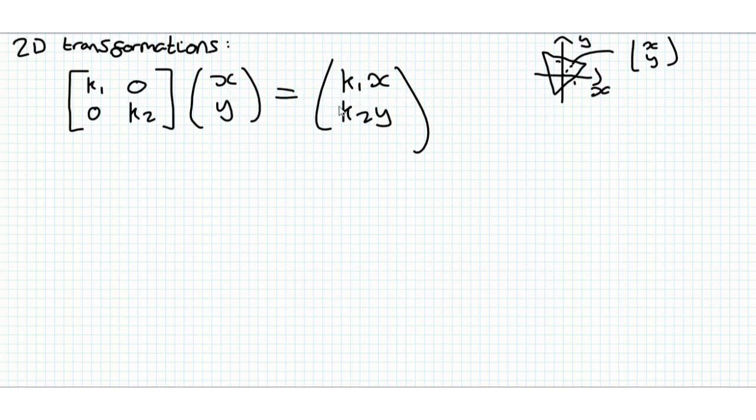On to the next one. We're going to look at some reflections. So if you take -1, this is essentially taking K1 as our -1, and we multiply by (X, Y).